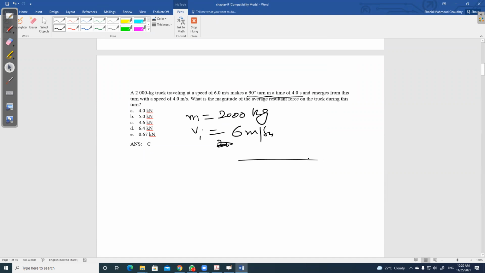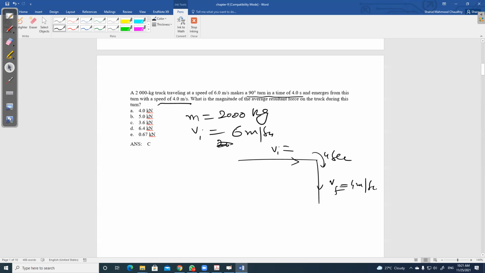So it is moving in this way and then makes a 90-degree turn like this. This is vi and this is vf, and it takes this turn in 4 seconds and emerges from the turn with a final speed of 4 meters per second.